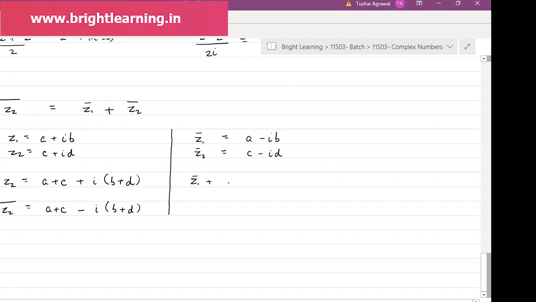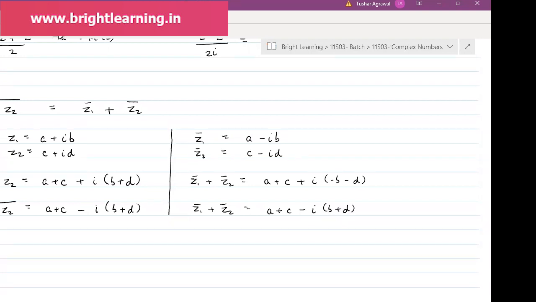Z1 bar plus Z2 bar will be A plus C plus I times negative B, negative D, which is the same as A plus C minus I times in bracket B plus D. Can I say that these two things are one and the same thing?